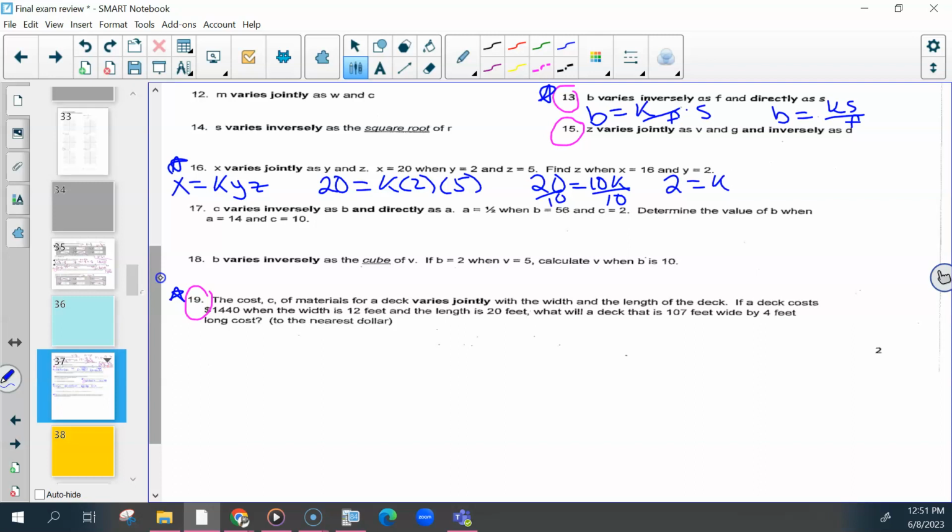Once you have your k value, you're going to take the remaining numbers and solve. So we know x is now 16. Our k value is 2. Our y value is also 2. And we don't know z. Wait, isn't z 5?